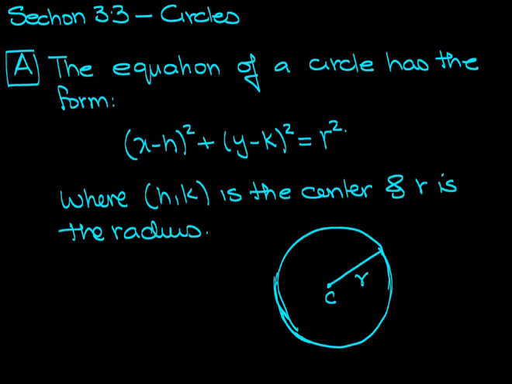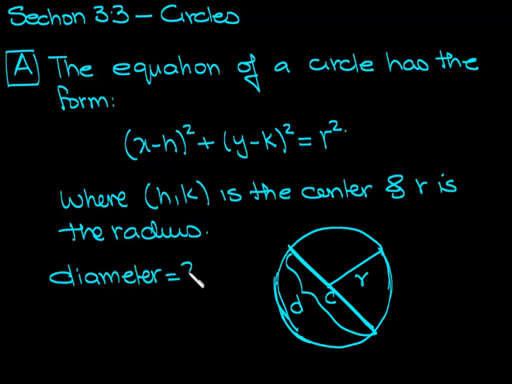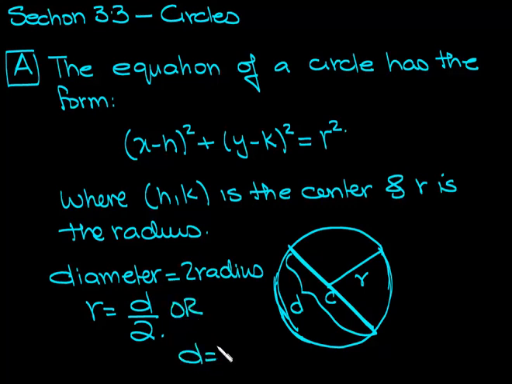If I go from one end of the circle to the other passing through the center, then I get something called the diameter. So we know that the diameter d will be twice the radius, or the radius is the diameter divided by 2, or d is equal to 2r. You can see that from the picture.